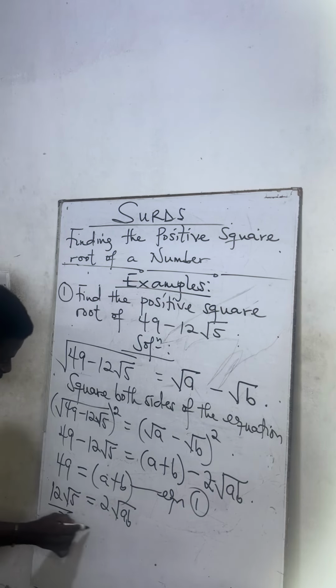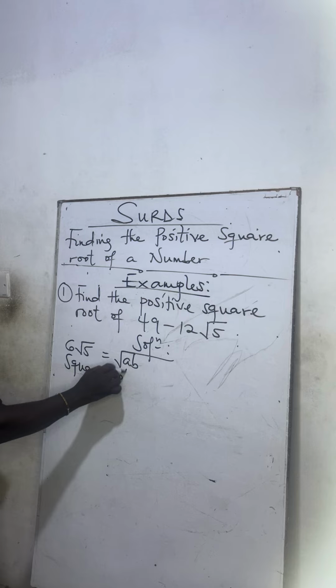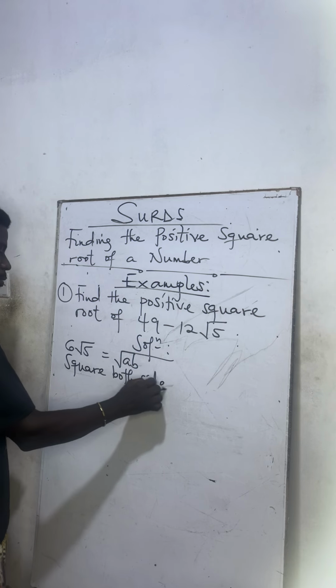We divide here by 2, here also by 2, so that we get 6 square root of 5 equals square root of ab. Alright, so this is what we have. We square both sides to take away the square root.